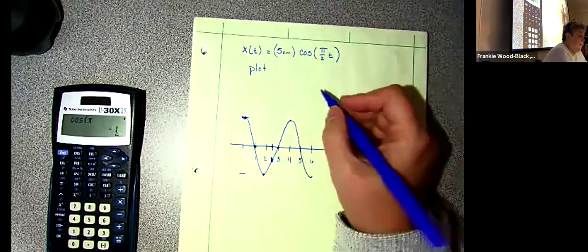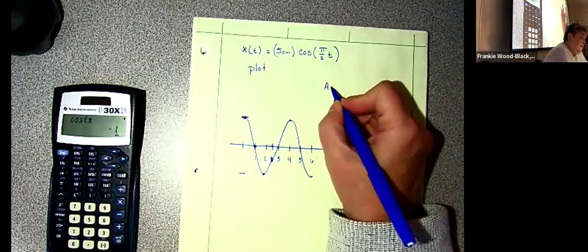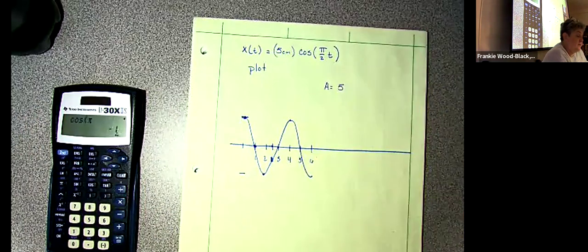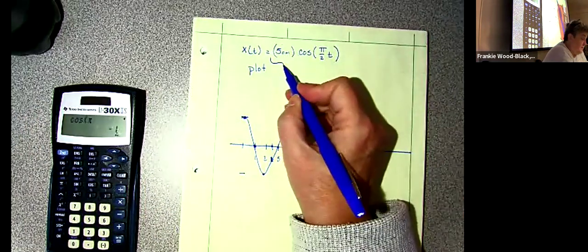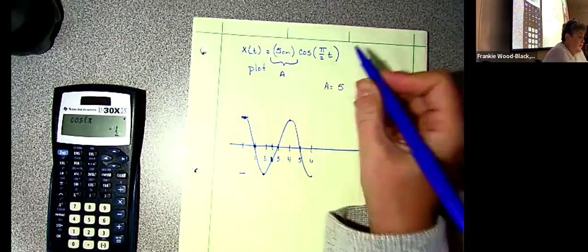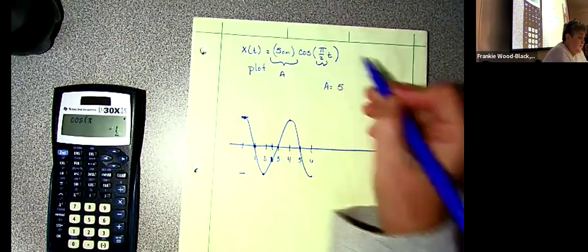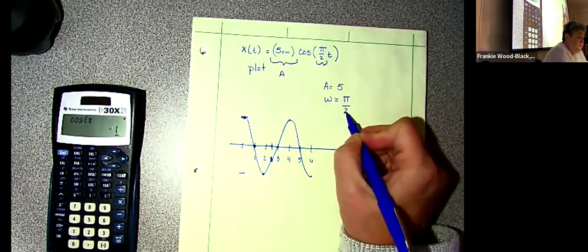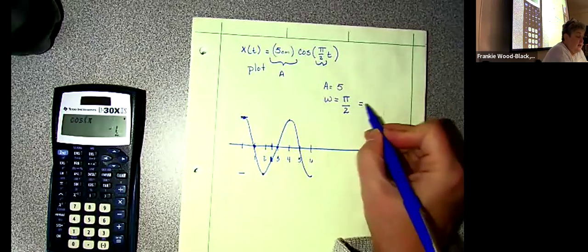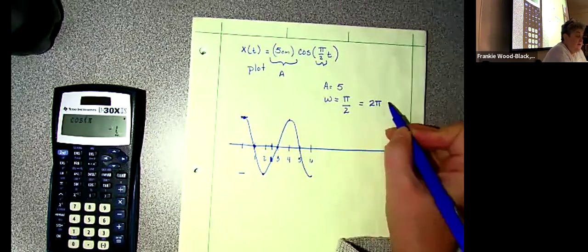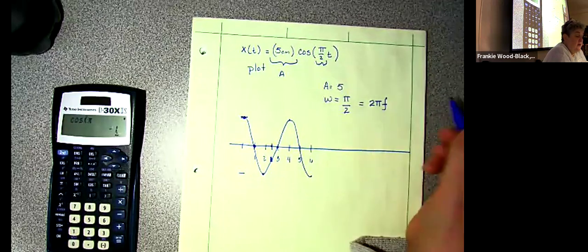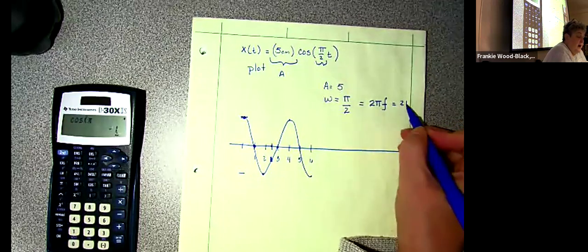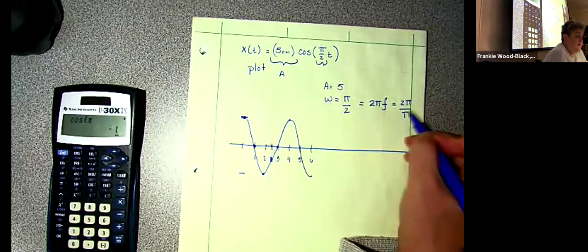I can read the amplitude. The amplitude is 5 because this is my amplitude. This omega is going to be pi over 2. And we know that that's equal to 2 pi times the frequency. And it's equal to 2 pi over the period.